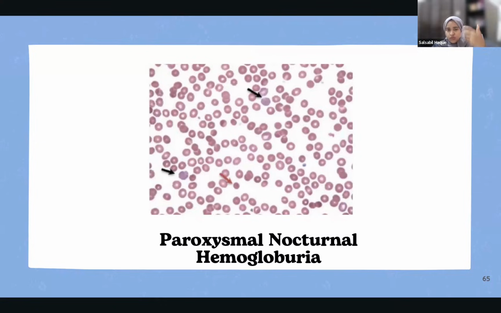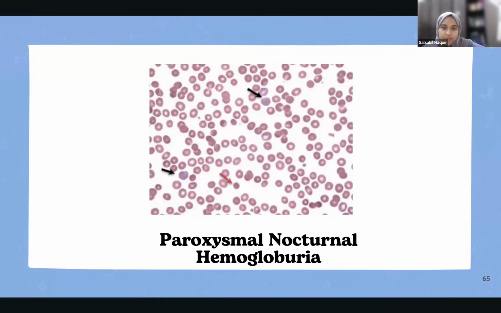Okay. So what happens here is you have nocturnal hemoglobinuria that is paroxysmal, as the name suggests. Paroxysmal means that it comes and goes. Nocturnal, at night; hemoglobinuria, blood in urine. It happens because of an inherited condition which causes a mutation in PIG-A, the GPI anchor.